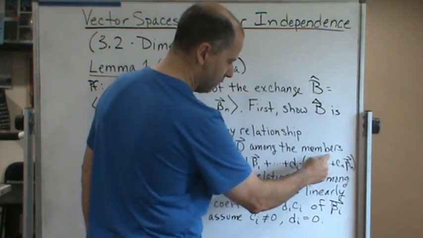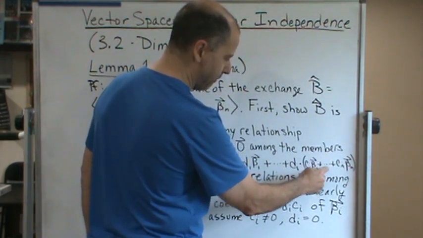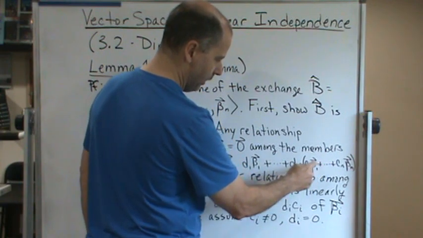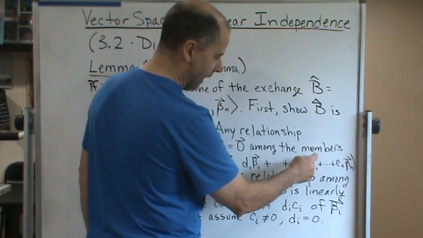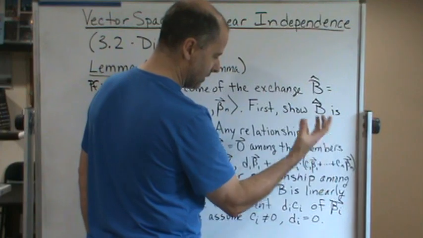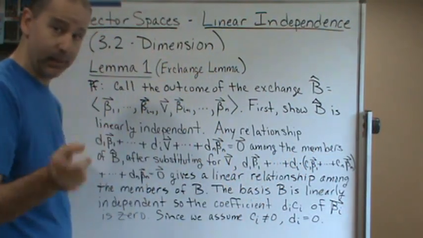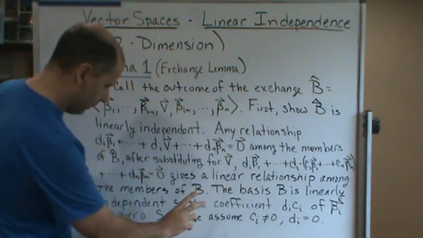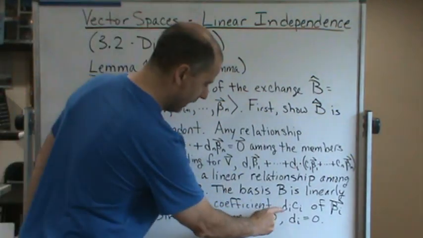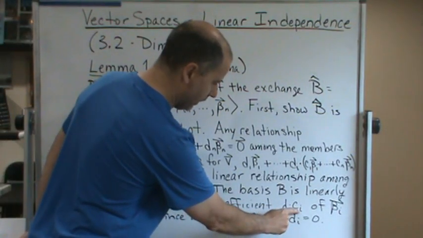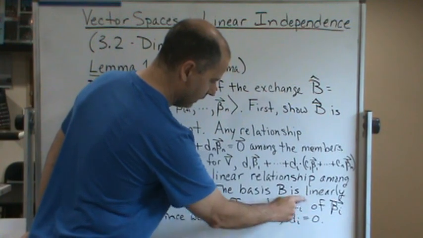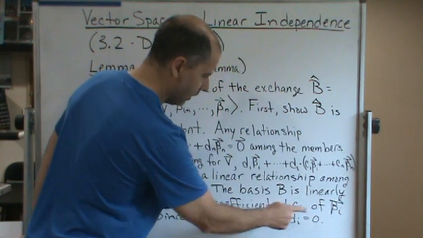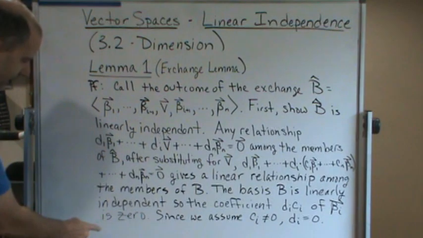But remember, there's a c sub I beta sub I in here, so we're going to get a d sub I times c sub I as a coefficient on that beta sub I term. So back down here, that d sub I c sub I coefficient of beta sub I is 0.